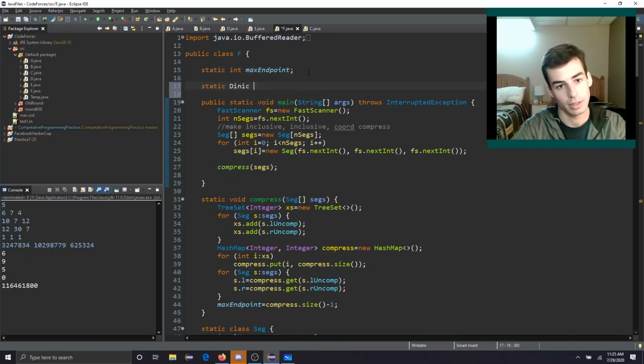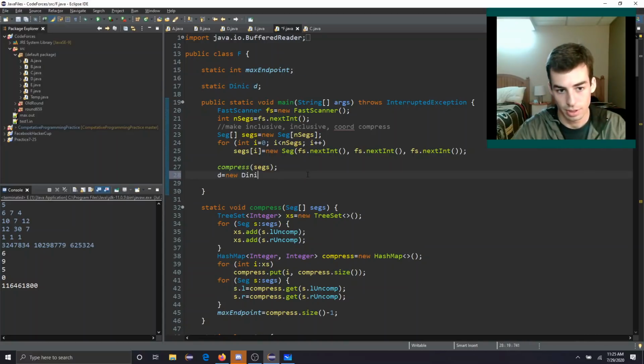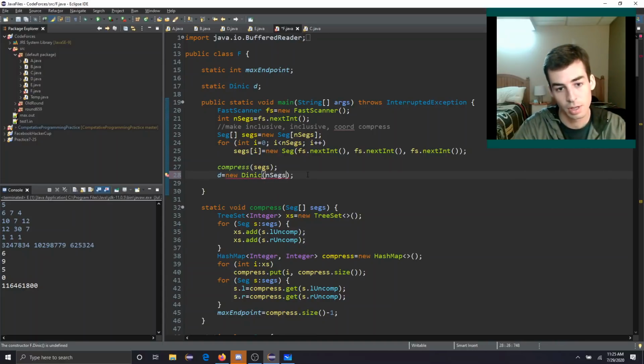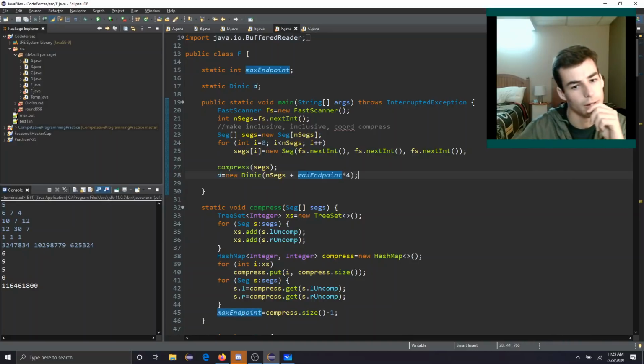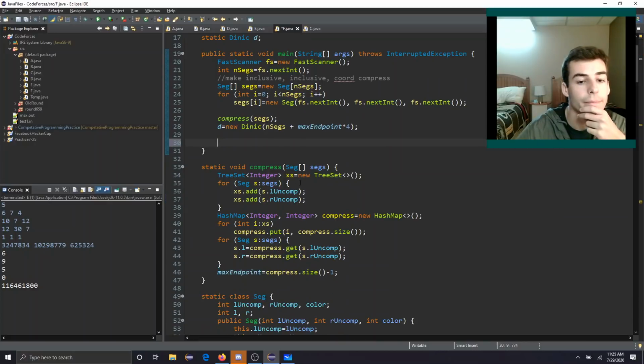Static, Dinic equals new Dinic. We can't make it yet. Equals new Dinic. How big is this graph going to be? Well, the number of segments plus the source and the sink, those are included, plus n log n, right? Or plus times the max things times 2. Max end point times 4, I think. It takes n minus 2 to represent, there's a power of 2, so this should be enough. Yeah, okay.